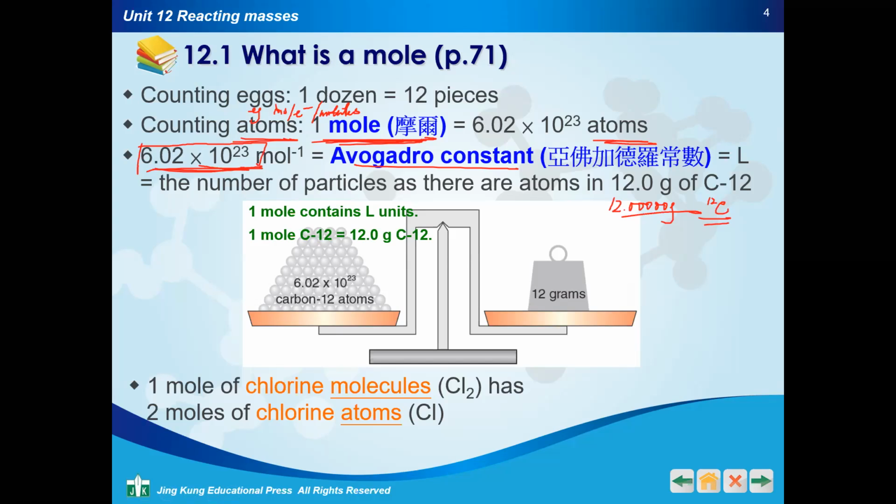So whenever you see questions, please be aware of the terms atoms, molecules, ions, etc. Do you understand? Let me give you one more example. For example, 1 mole of chlorine gas. What is meant by that? How many chlorine atoms are there?